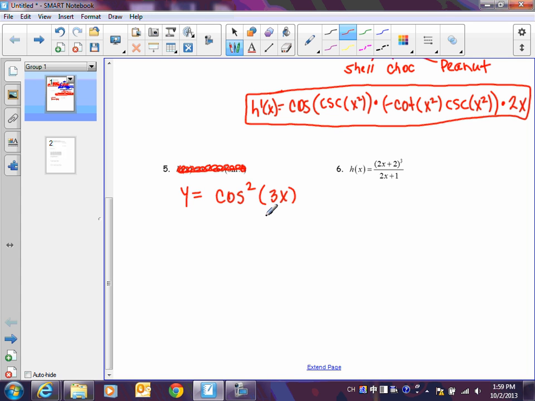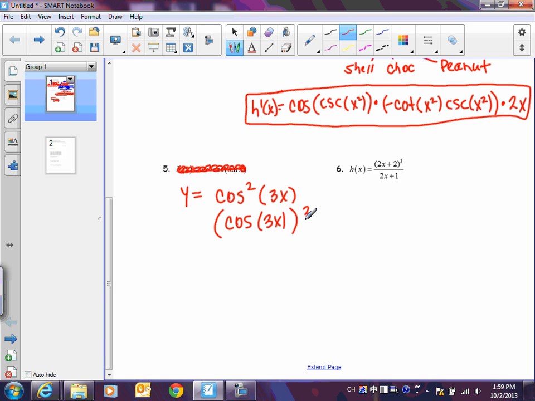Okay, what's being squared there, by the way? Cosine. So would it be fair to say the whole thing is being squared? You're always taking cosine of something. I'm not saying the 3x is being squared. I guess what I'm saying is, could we write it like this? And I'm writing it, so I'm going to just tell you the answer is yes. Yes, you can write it like that.